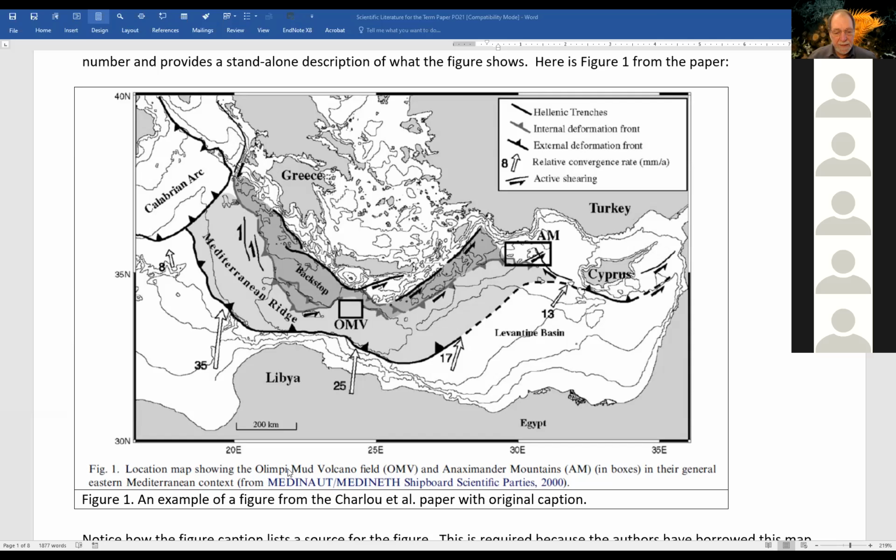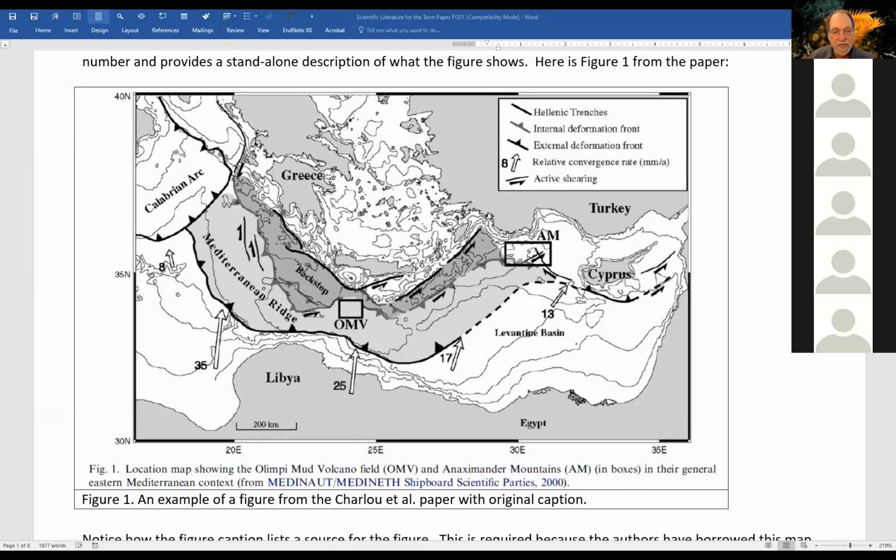A location map showing the Olympi mud volcano field and the Anaximander Mountains in boxes. So these are the two areas where the research was done, in the context of the Eastern Mediterranean. So these are some geologic features of the Eastern Mediterranean: trenches, a deformation front.